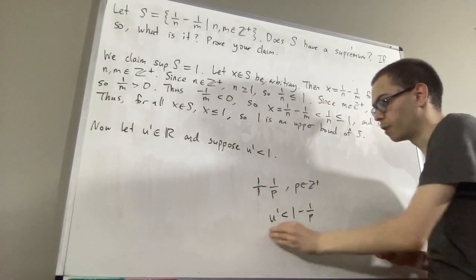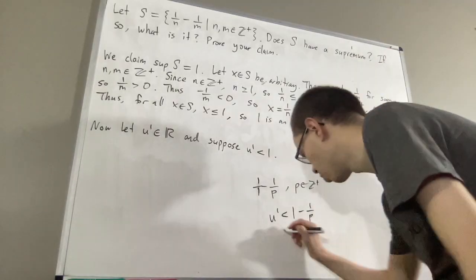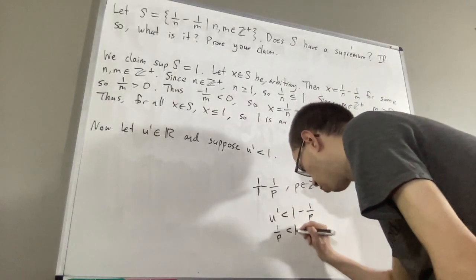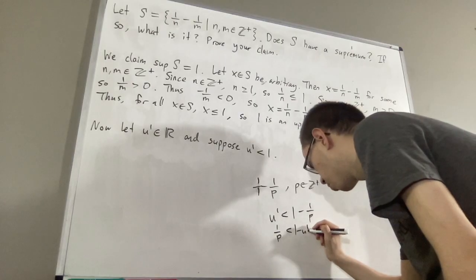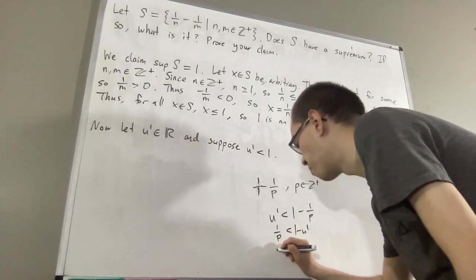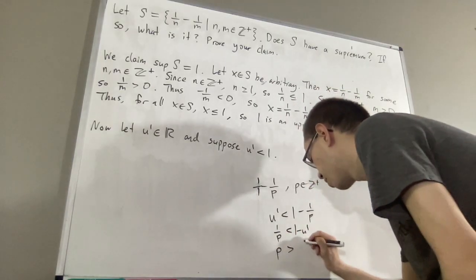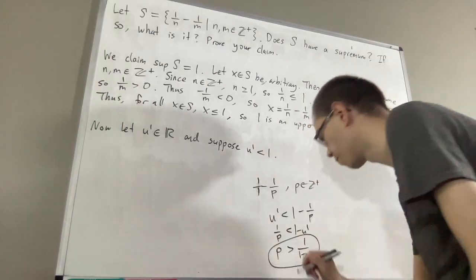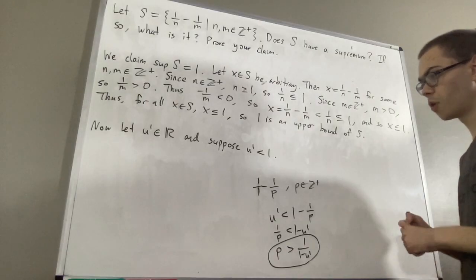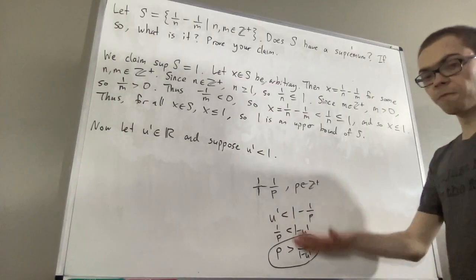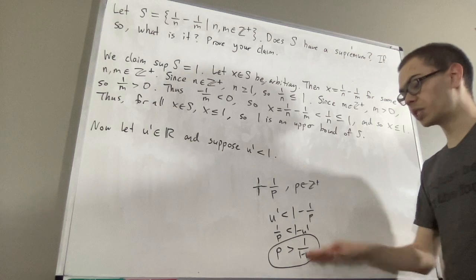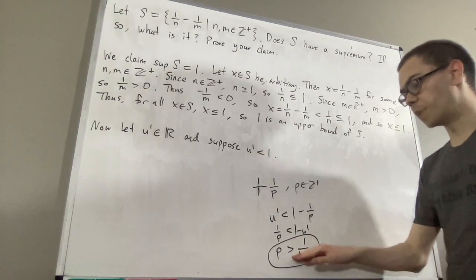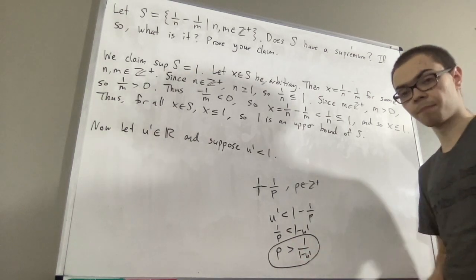And to see how, if we take this inequality and solve for p, we get that p would have to be greater than 1 over 1 minus u prime. So we just invoke the Archimedean property by choosing some positive integer p bigger than 1 over 1 minus u prime.